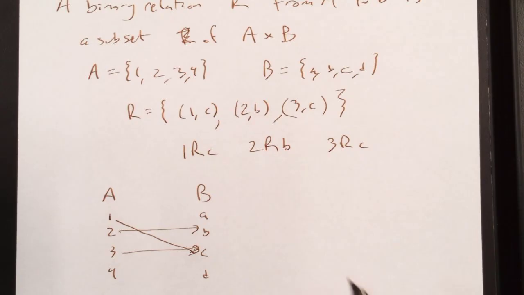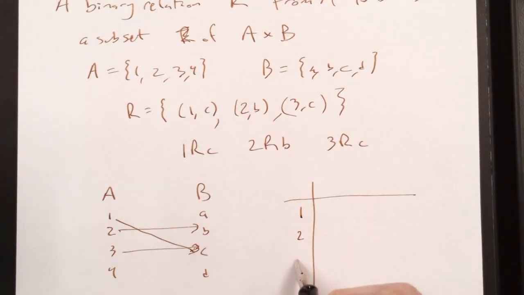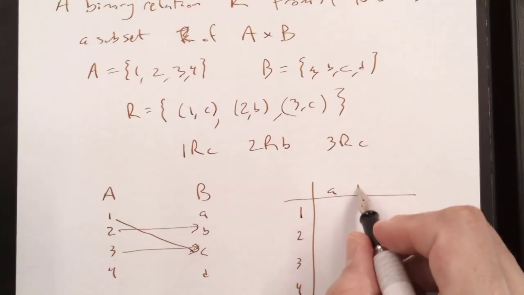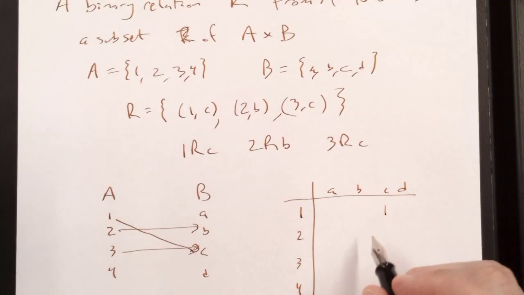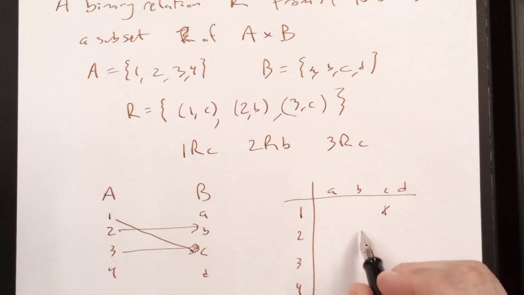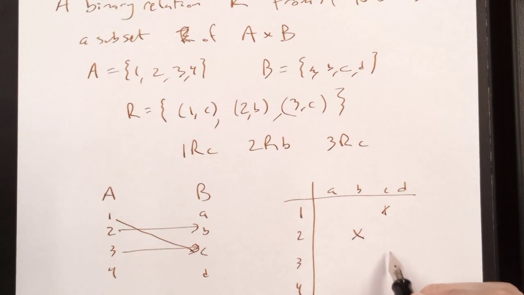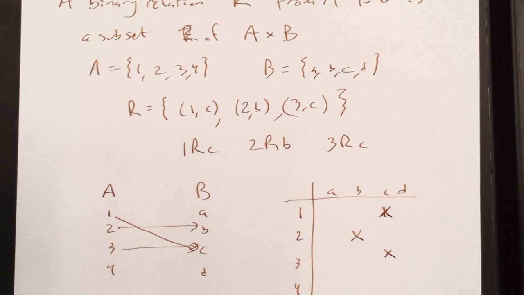I could make a table. Put an X in the row with row to column, right? 1 to C, 2 to B, 3, there you go.